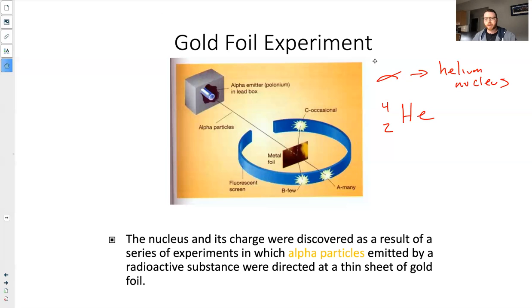Anyways, an alpha particle is a helium nucleus. So he used radioactive materials that would emit alpha particles, and these alpha particles were emitted onto a gold foil. He would measure the angle at which those particles were scattered.